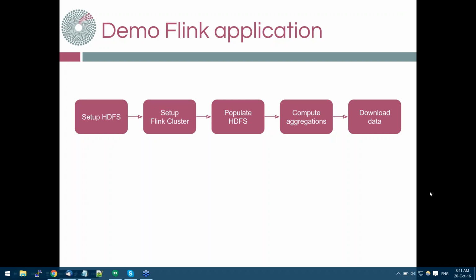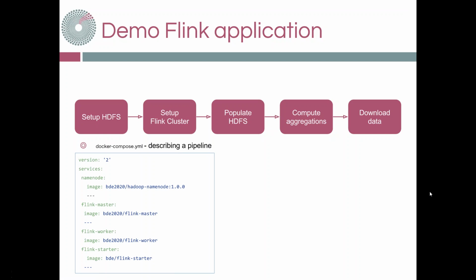And that's quite easy to do on the Big Data Europe platform. You just need to describe the pipeline in a Docker Compose file and list all the images which we provide on the Big Data Europe GitHub repo, or you can have your own images. But is it enough to just do docker-compose up?